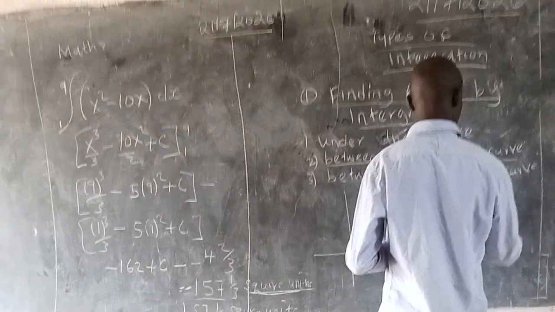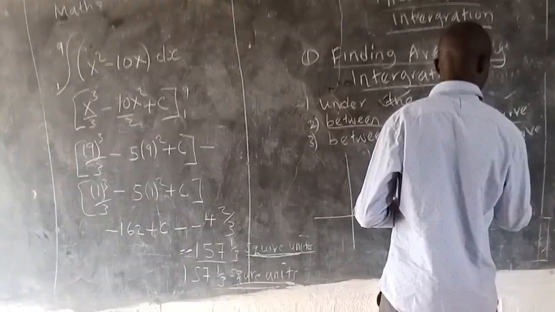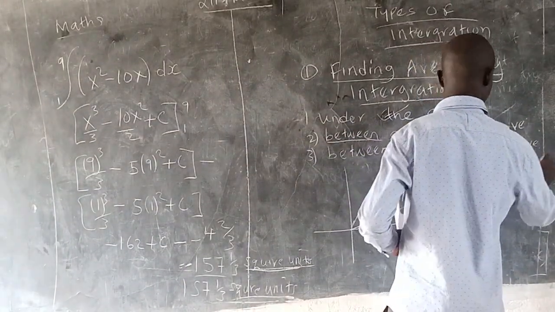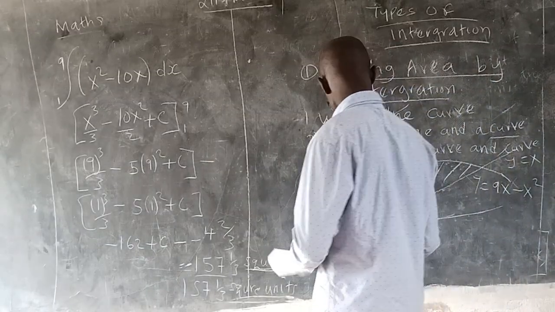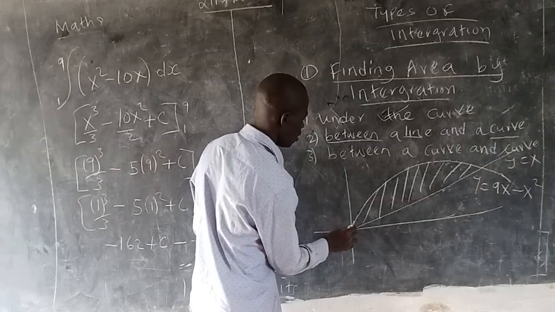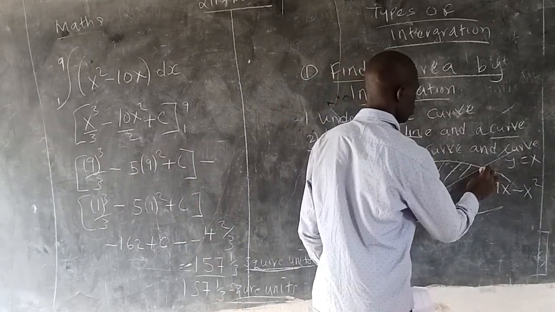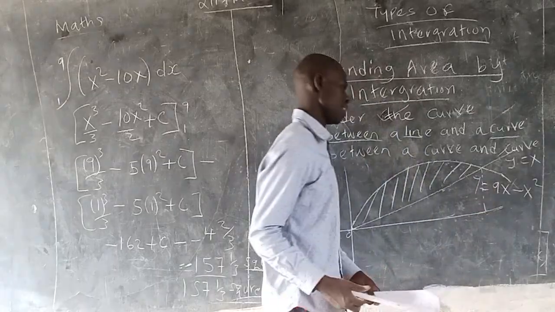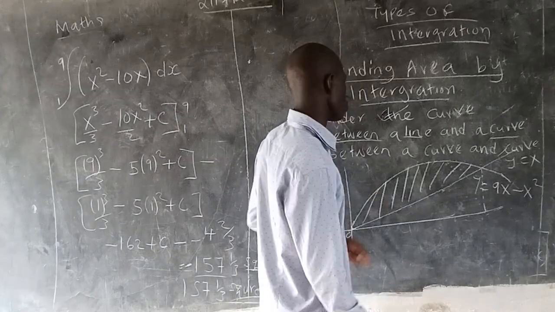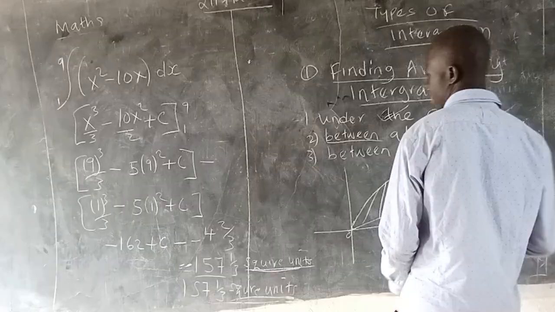Remember the equation of the curve is y equal to 9x minus x squared, and the equation of the line is y equal to x. You've not been given the limits, but it begins from 0, up to where we don't have the last limit. So students, it is very, very important for us to understand how to get the limit and integrate.